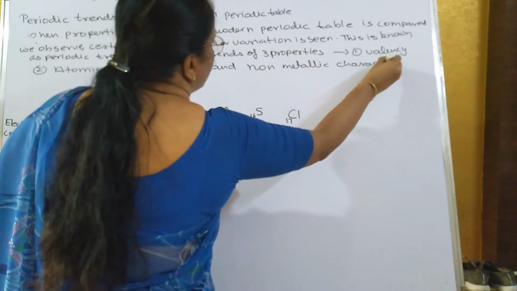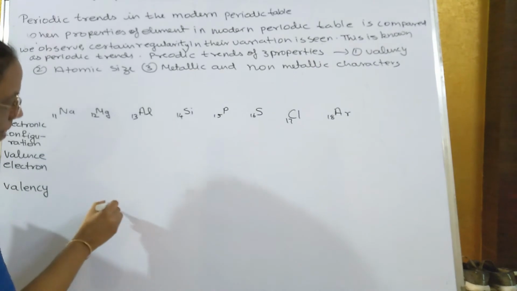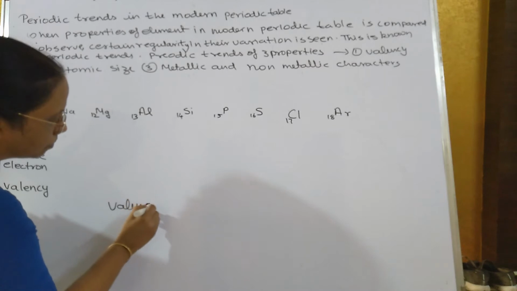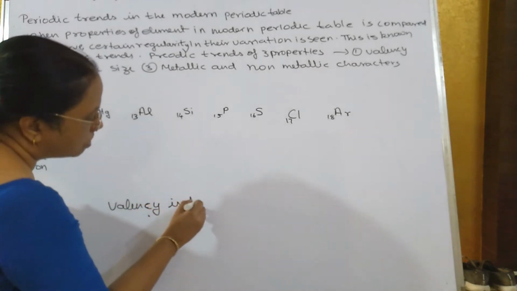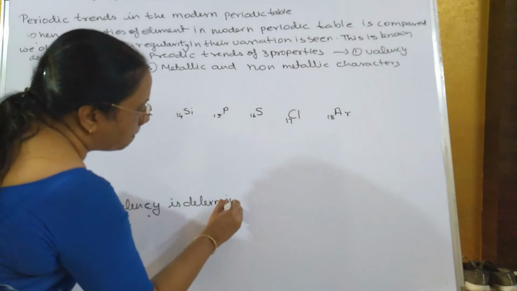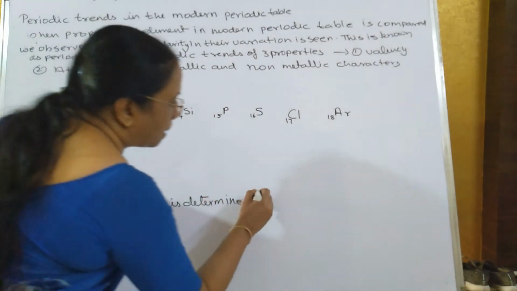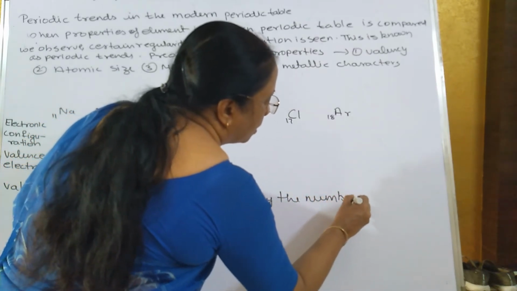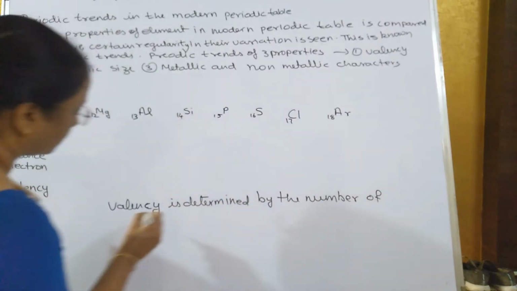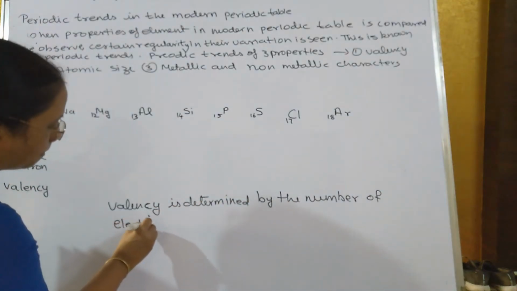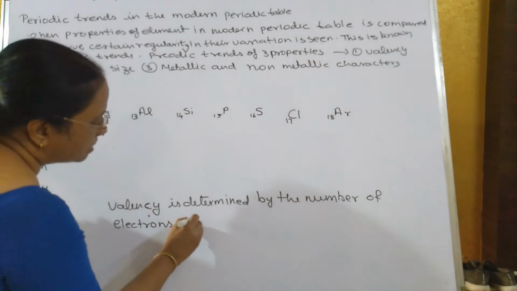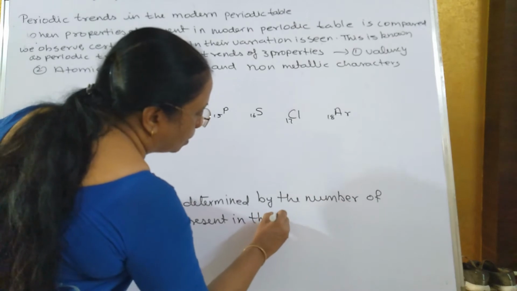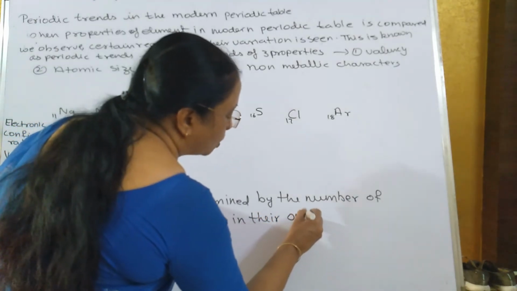Now the first one, that is valency. What is valency? How is valency determined? It is determined by the number of electrons present in their valence shell, in their outermost shell.